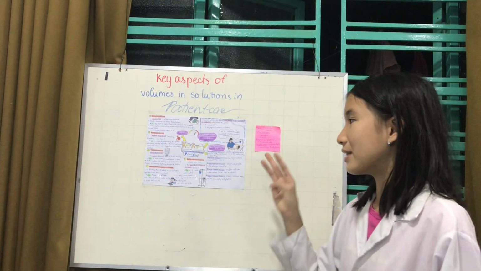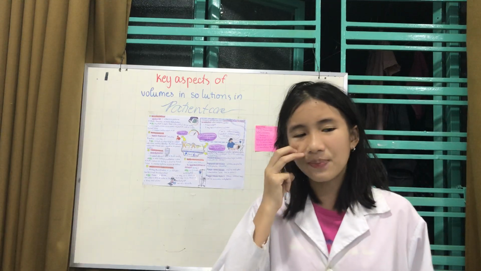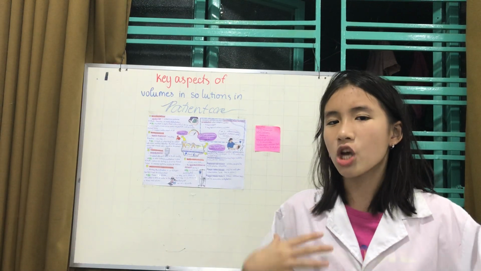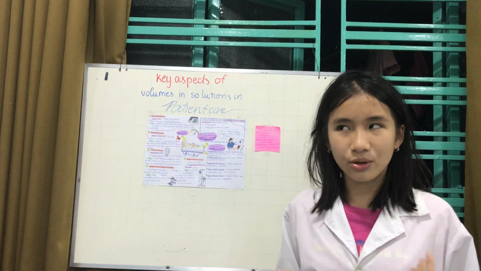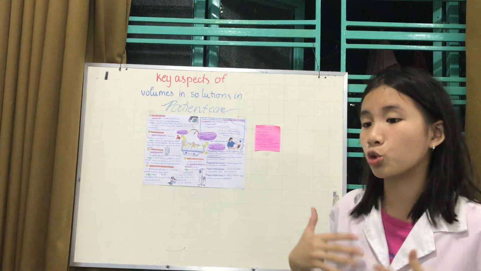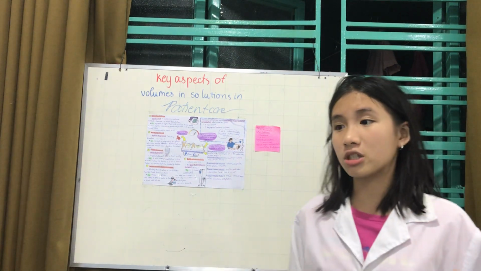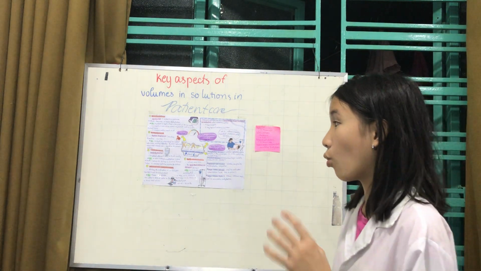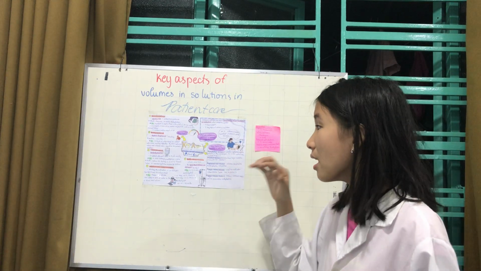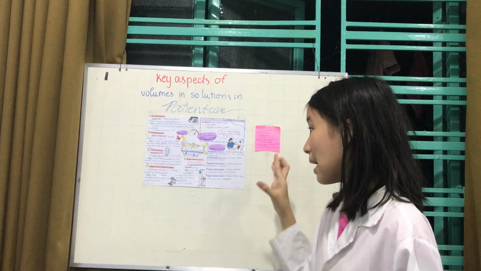The third one is maintenance. So maintenance is basically daily hydration. So it is hydration for the patient who cannot hydrate orally. So for example, a patient who can't drink, or an NPO patient, nothing by mouth. NPO is nothing by mouth.